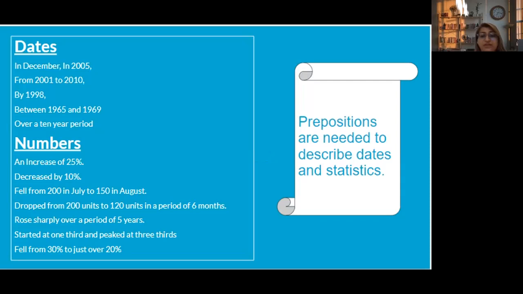Then numbers: an increase of 25%, decrease by 10%, fell from 200 in July to 150 in August, dropped from 200 to 120 units, rose sharply over a period of 5 years, started at one-third and peaked at three-thirds, fell from 30 to just over 20%.